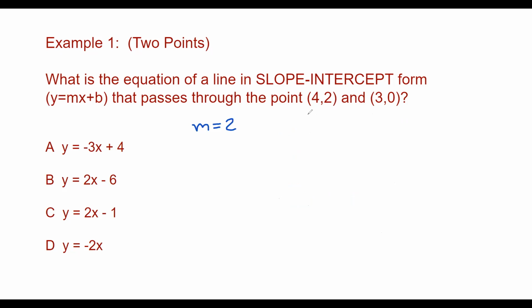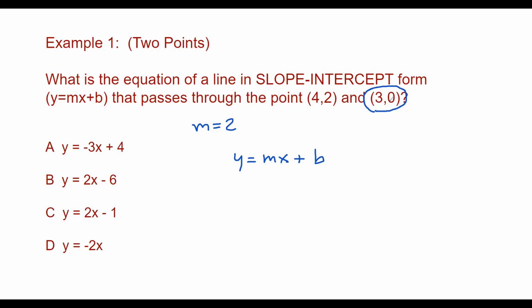Now we can pick one of our points and use that for substituting. I'm going to pick this one because anything that involves a 0 tends to make it a little bit simpler. So we're going to substitute into y equals mx plus b. And we know 3 parts of this. We know a y value, an m value, and an x value.